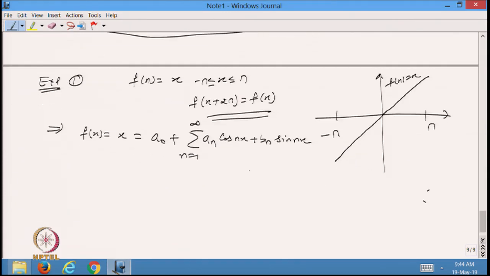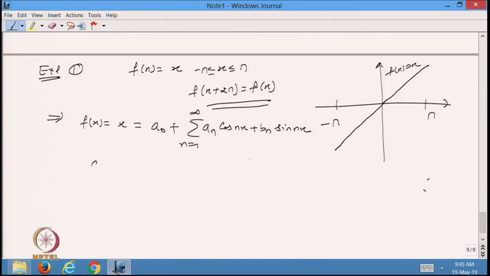Now, I want to find the value of my a 0. a 0 I already know is equal to 1 over 2 L. In this case L is equal to pi, so this would be 1 over 2 pi, integral from minus pi to pi of x dx. So, this value will come.